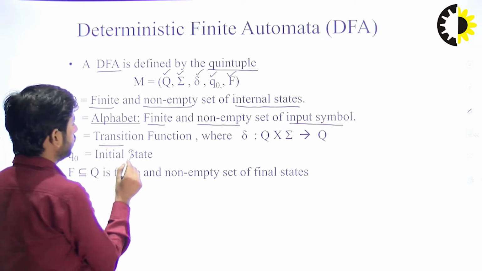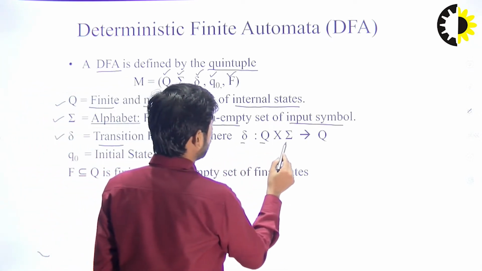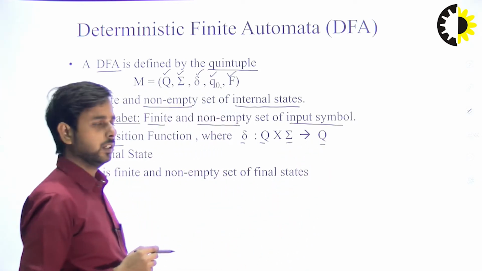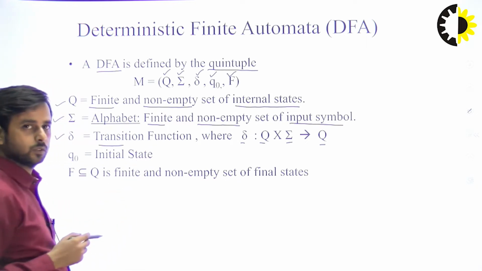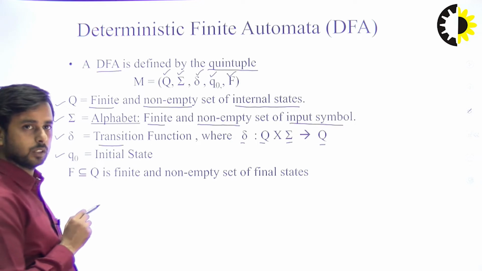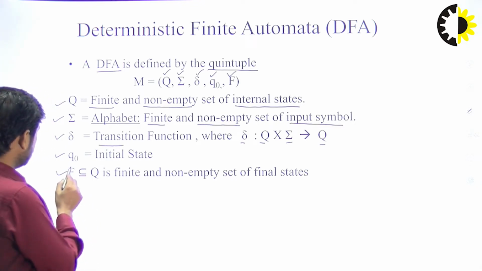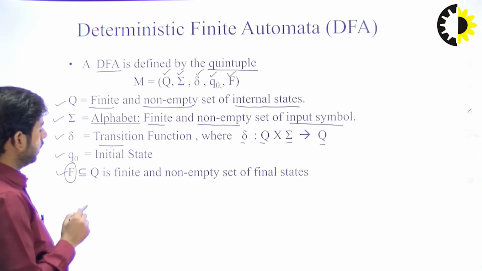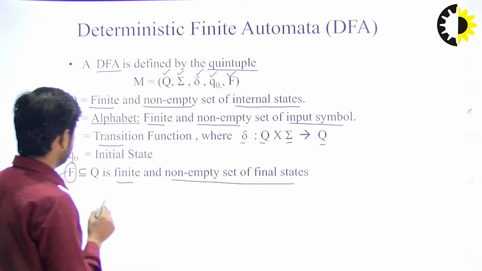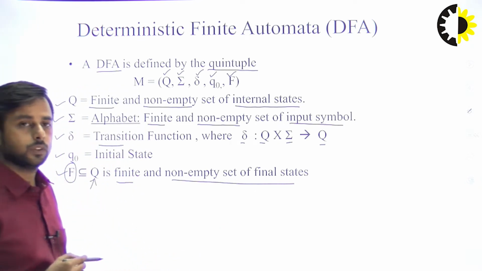It is the transition function, where delta is Q cross sigma gives Q. We will discuss that transition function. Fourth is Q node. It is the initial state or start state, and the fifth one is F. F denotes the finite and non-empty set of final states, and F is a subset of Q.